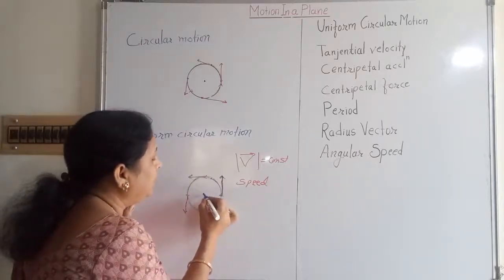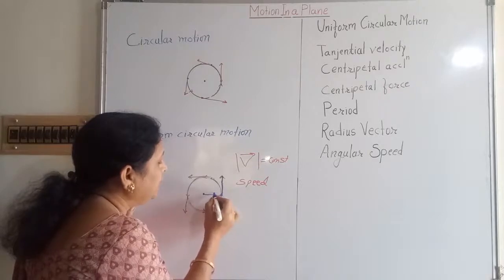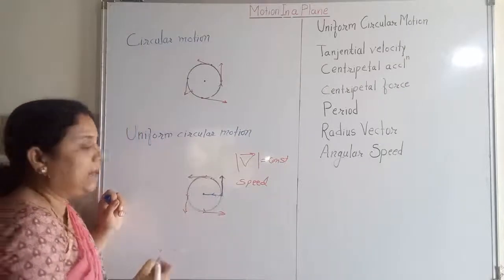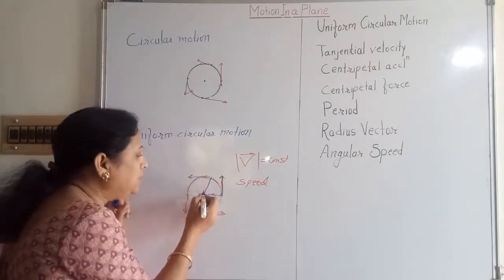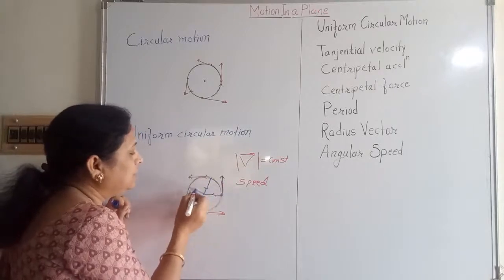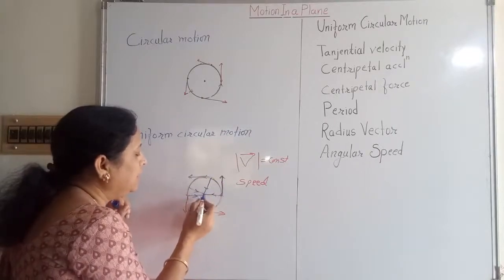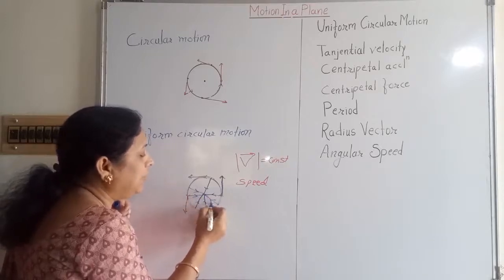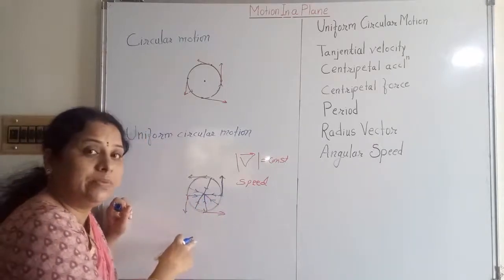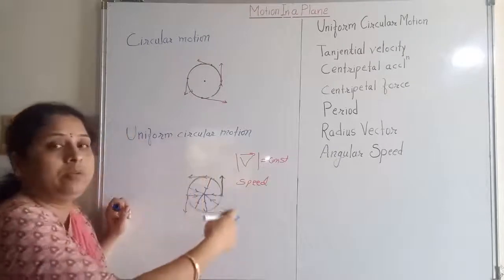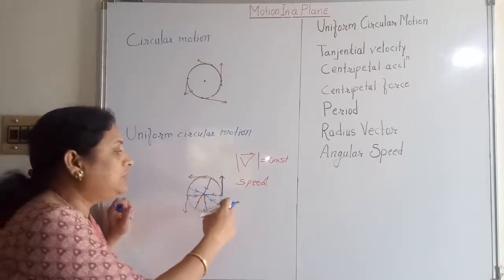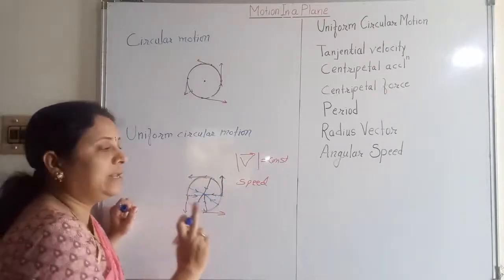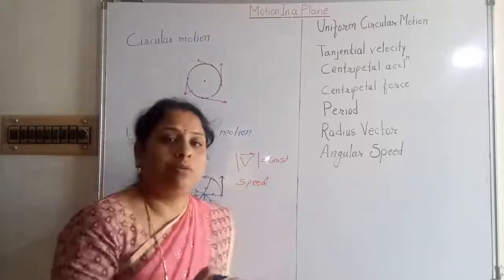At every point there is the acceleration directed along the radius towards the center. That acceleration is called here centripetal acceleration. This centripetal acceleration is a must for the uniform circular motion. Without centripetal acceleration, the object cannot do the uniform circular motion.